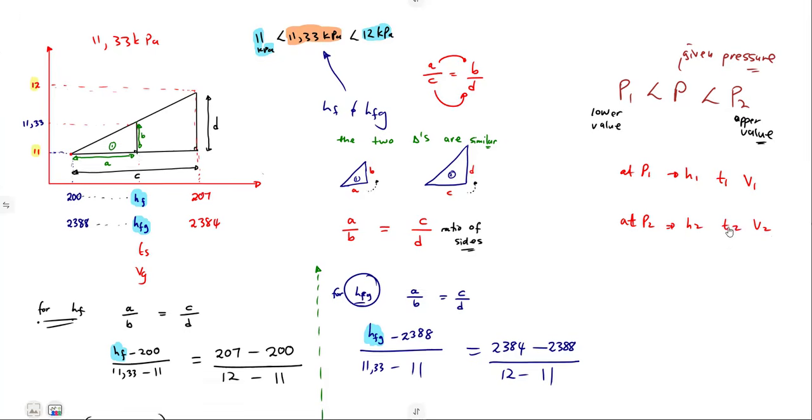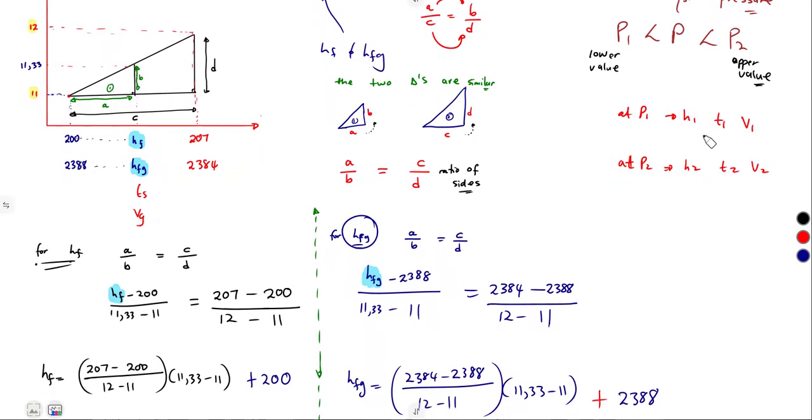So if you consider properly what will be missing, let's say you need to calculate HF, or HFG, or whatever you want to calculate. It is the unknown value H that you need to calculate given H1 and H2 for these pressures.